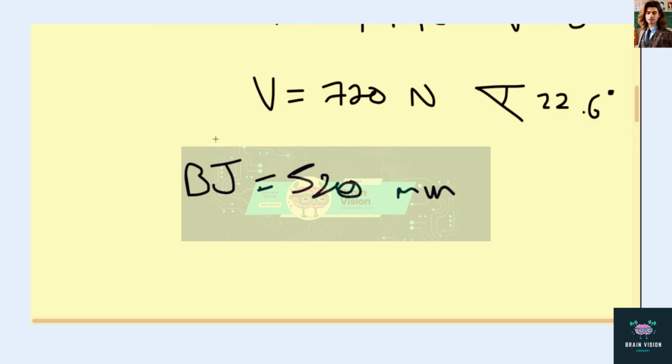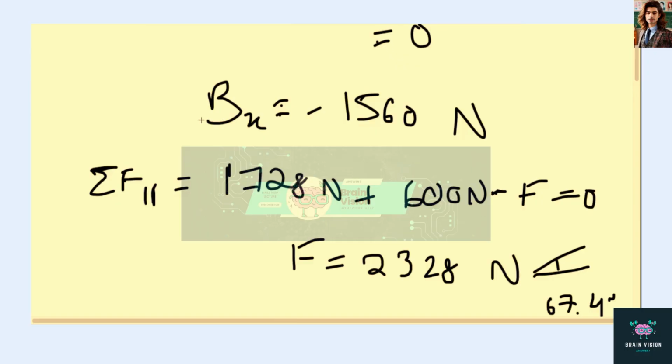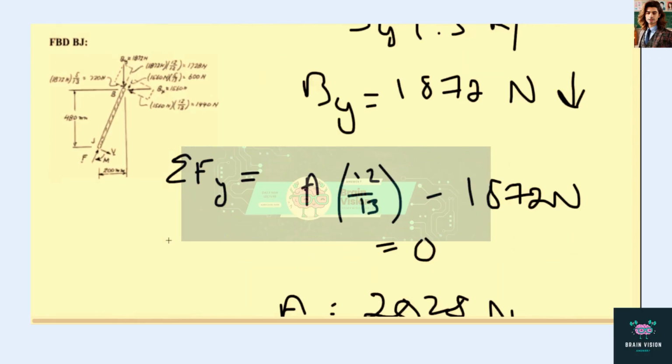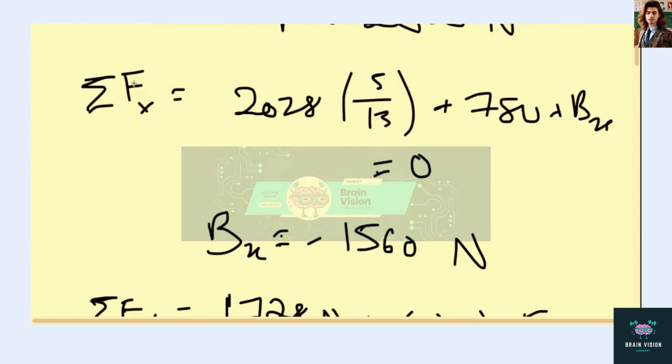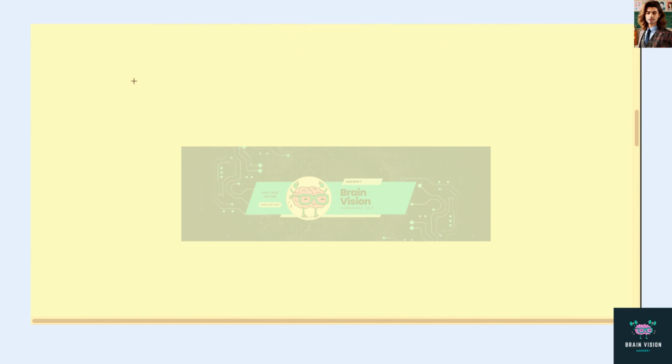And then we're going to take the moment about our point here to find out what exactly the moment is. Nothing is caused by V and F, their distances are 0 away. So we're going to have moments that are caused by the 1560 Newton force and the 1872 Newton force.